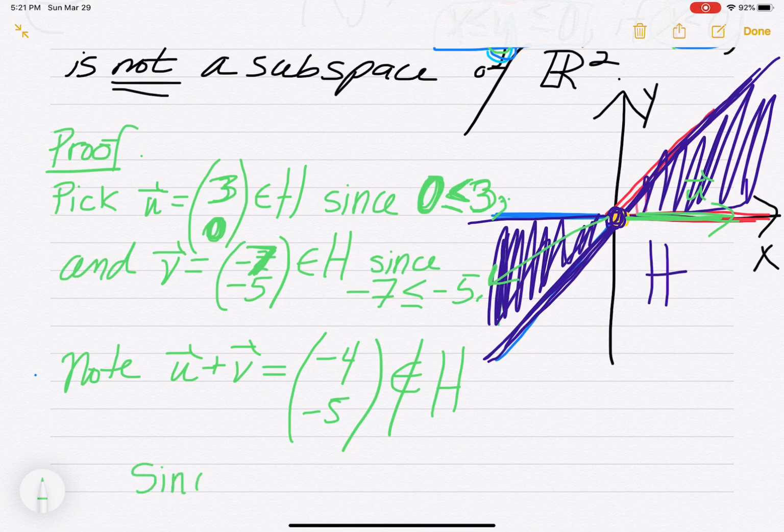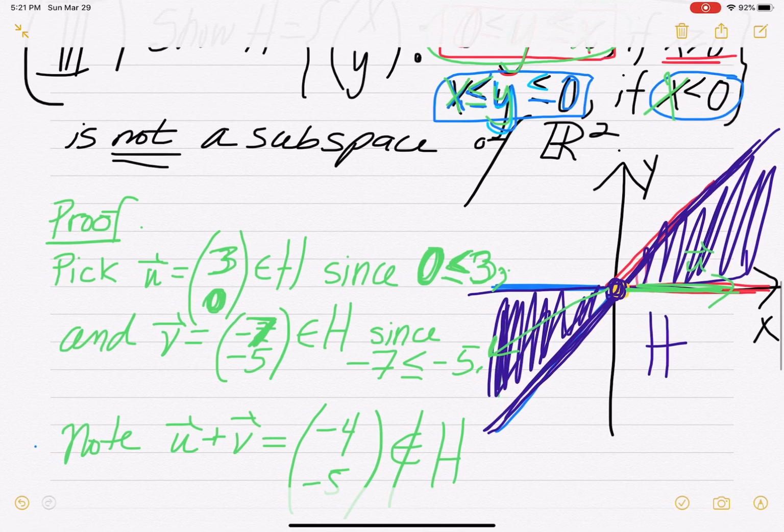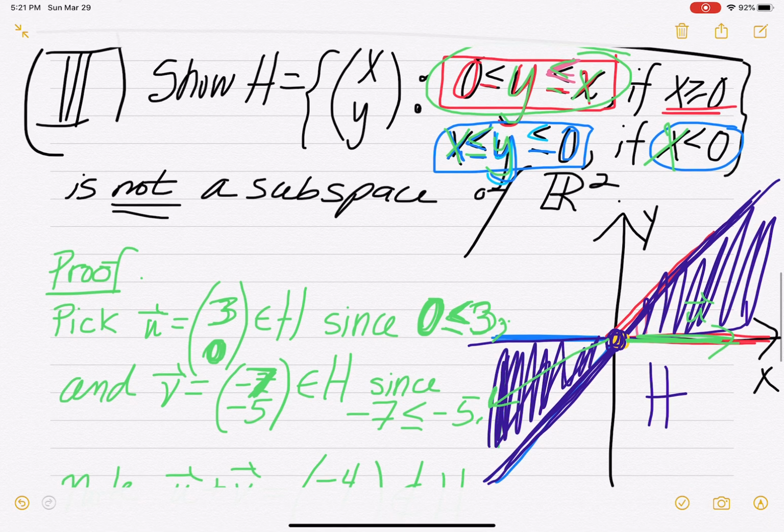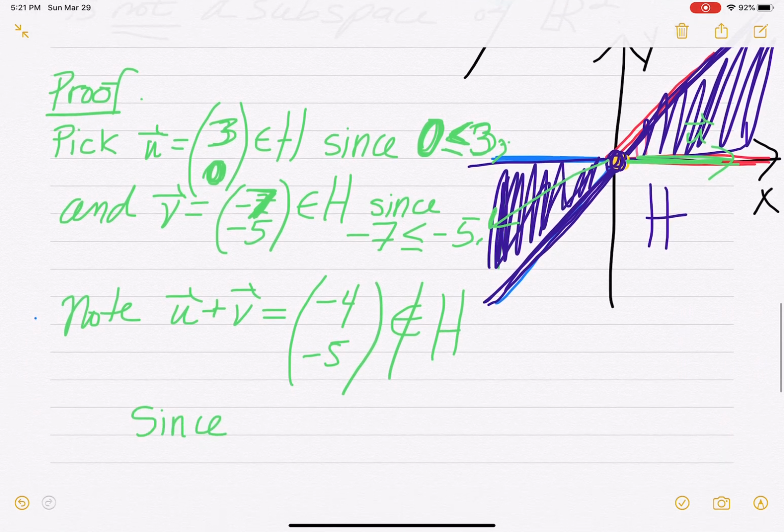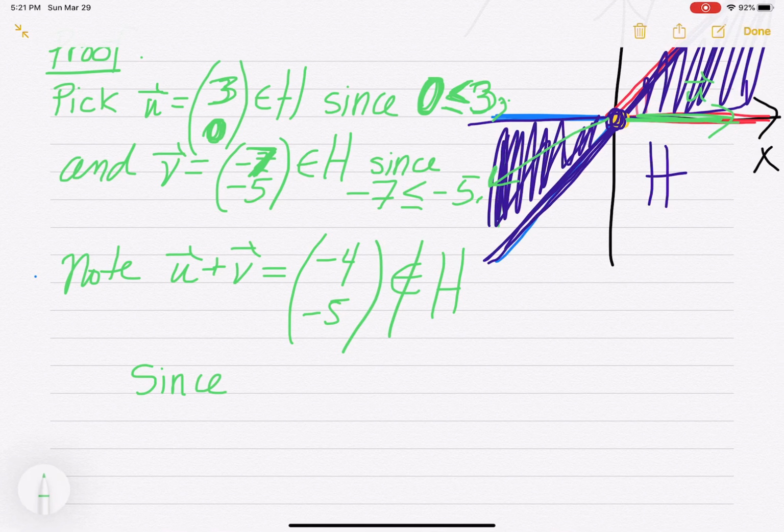In order to be in H when you're on the negative side, the x was supposed to be smaller than the y, remember? So the problem is that -4 is not smaller than -5. -4 is greater than -5.